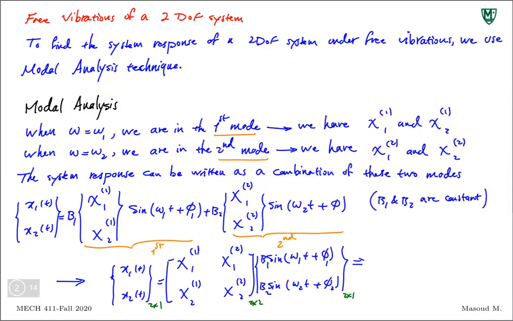I can write it this way: Xt is equal to psi, Greek letter psi, q of t. It's the same thing, I just wrote it in a different form. This is still a 2 by 1 vector. This is a 2 by 2 matrix, and this is a 2 by 1 vector.